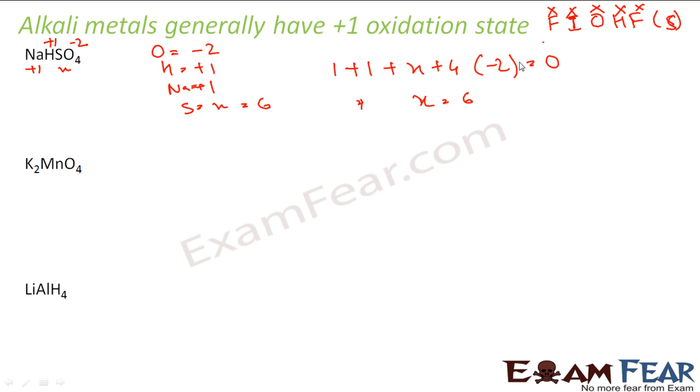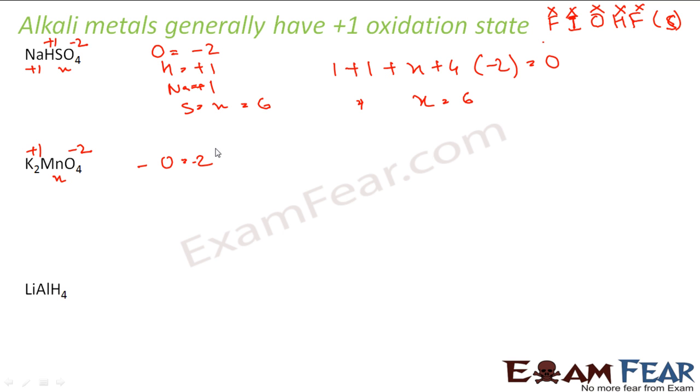Let's check this one. K2MnO4, same thing. The free element rule we can't apply, it's not a free element. Ion rule we can't apply, it's not an ion. Oxygen is -2. So let's put -2 here. Then hydrogen, there is no hydrogen. Fluorine, there is no fluorine. And then I have two unknowns. So I'll use this rule. Alkali metal is 1.